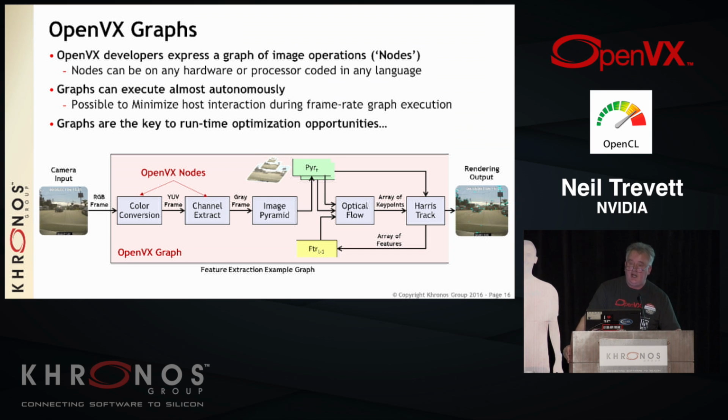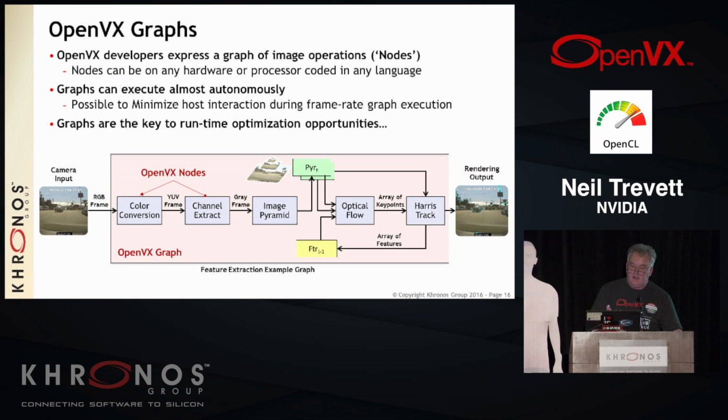You can add more without asking anyone's permission. But in the standard, there's a set, and then you connect them together, and there's quite a lot of flexibility in how you connect the nodes into a graph. We don't have time, and I don't have the expertise, to go into the coding of it. But this is an example of feature extraction.